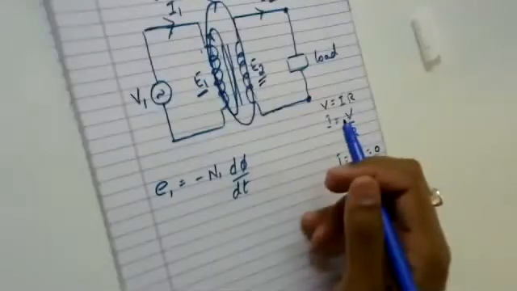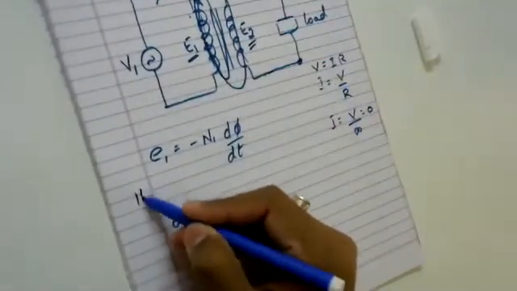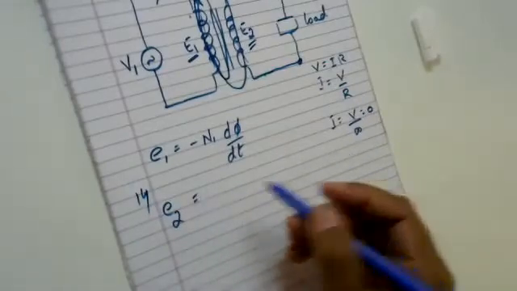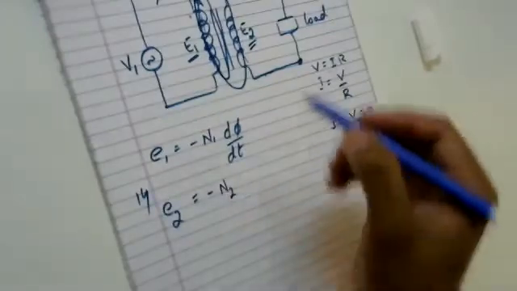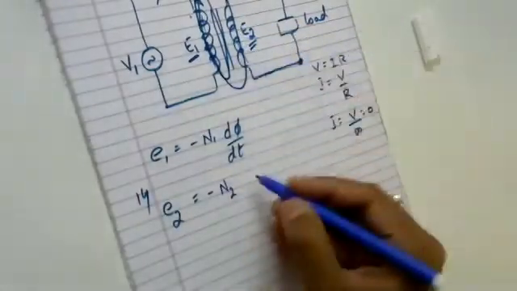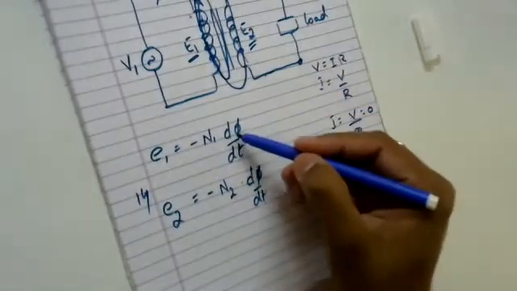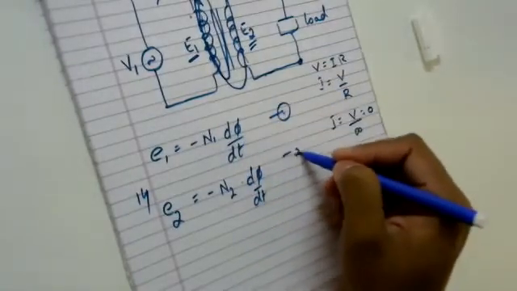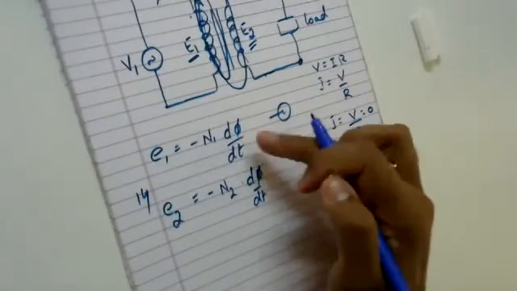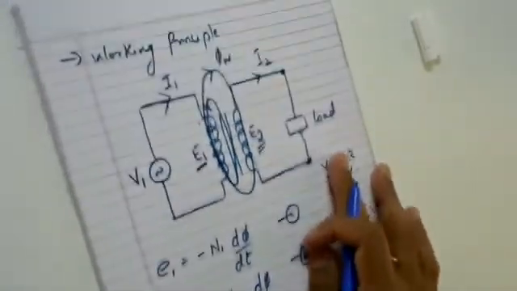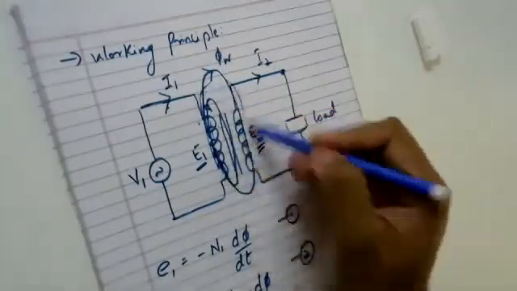Similarly, E2 can be defined as minus N2, the number of turns on the secondary, into d phi by dt. If you observe equation 1 and equation 2, I did not say phi 1 or phi 2, I said phi, because phi is my working flux. It's the flux which is linking both primary and secondary.